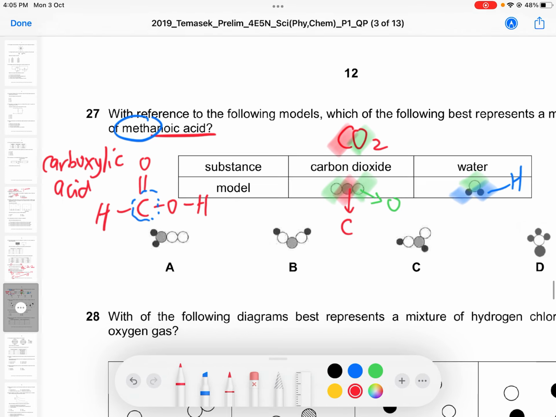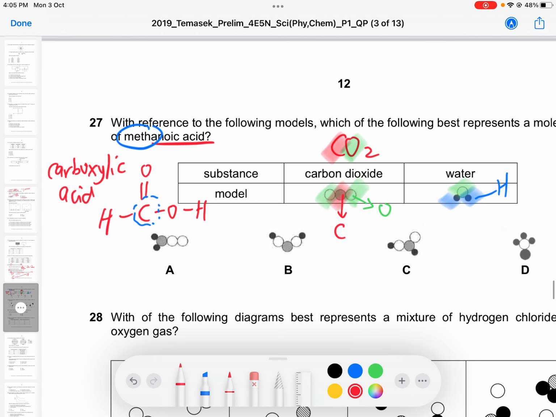From here I see that I have 2 oxygen, following the symbol. So D is definitely out, because it only has one white dot. My carbon is surrounded by 3 atoms: 1 hydrogen and 2 oxygen.